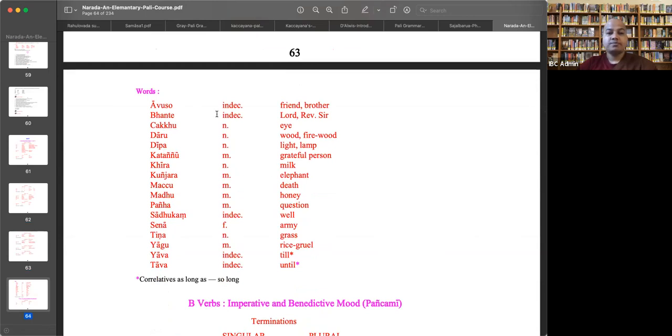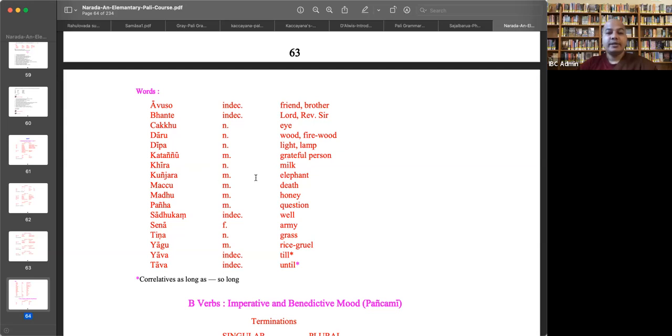Okay, and then you have a list of new words. Avuso, this is an indeclinable particle. It means friend or brother. Bhante, also an indeclinable particle, Lord, Reverend Sir. Chakkhu, meaning eye. Daru, wood or firewood. Dipa, light or lamp. Katannu, a grateful person.